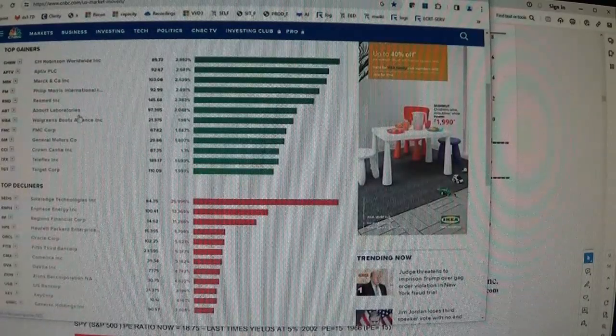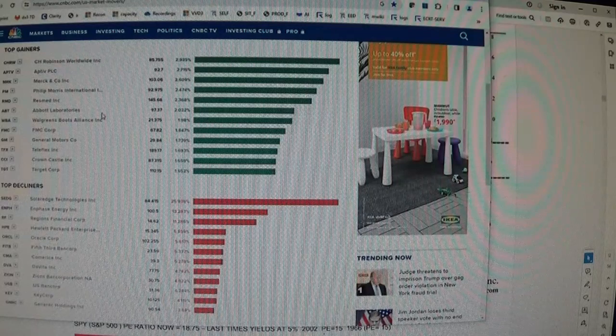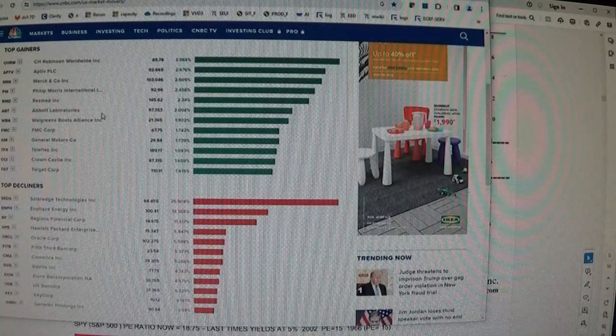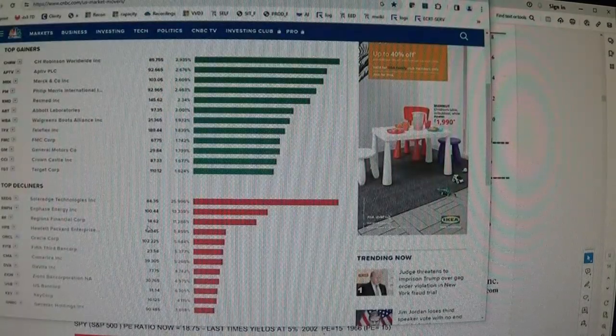But what we've been having this year is every day a fight between conservative yielding stocks and aggressive growth stocks. And today it's just flipped, where the yielding stocks are the top gainers. Until today, the tech stocks have led the way and done the best.